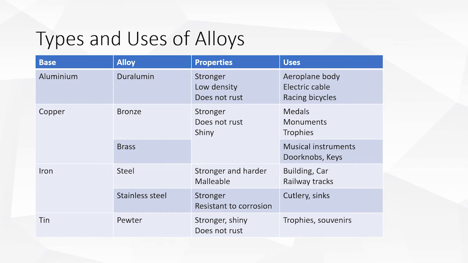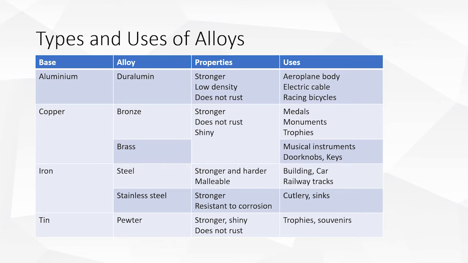Bronze is mainly used for medals, monuments, and trophies. Brass is commonly used for decorative purposes, primarily because of its resistance to tarnish. It is also commonly used to make musical instruments due to its high workability and durability.